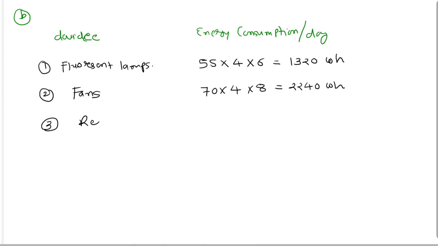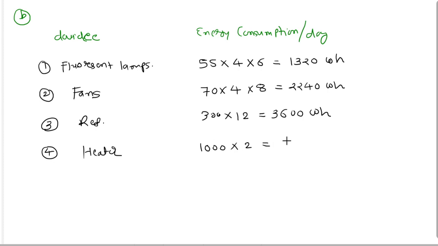Now the refrigerator, that is 300 watt, and the working hours is 12, and consumption per day is 3600 watt hour. Then the heater, which is 1000 watt and working hour is 2. So the energy consumption per day for the heater is 2000 watt hour.